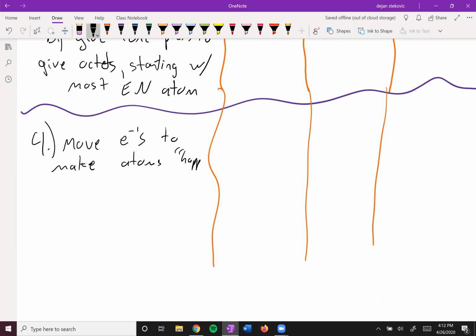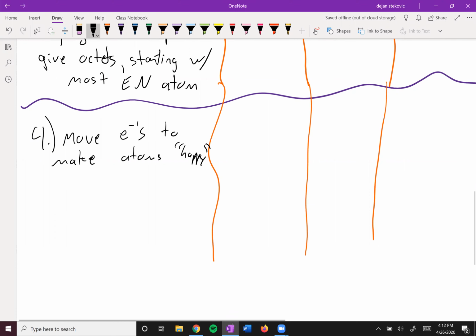We'll see what this kind of means more in depth later on, but for now we're going to follow the octet rule. So everything's going to want 8 valence electrons, so we want to give octets, full valence shells. So hydrogen only wants 2.